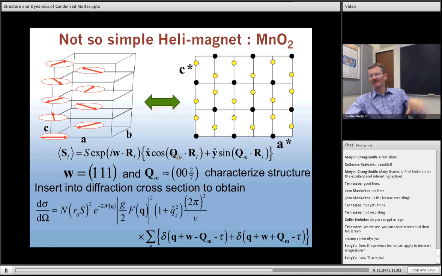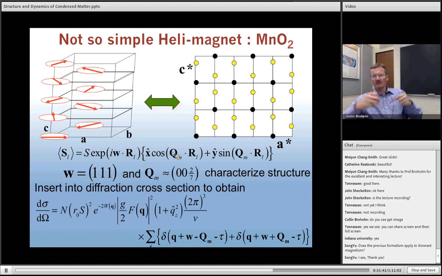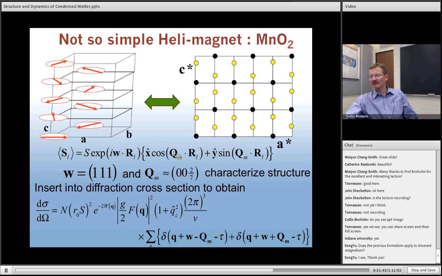I have this additional modulation which then produces these side bands or magnetic diffraction satellites, as we typically call them.